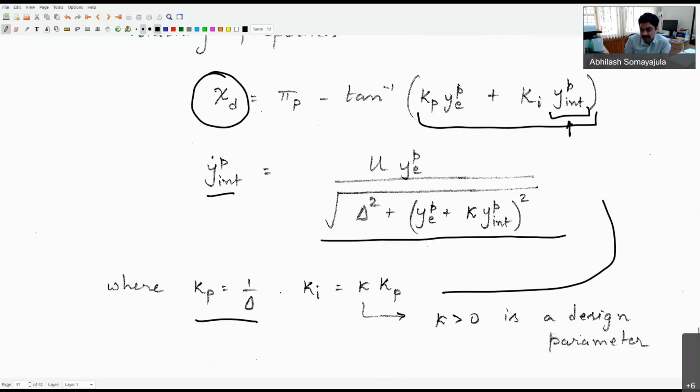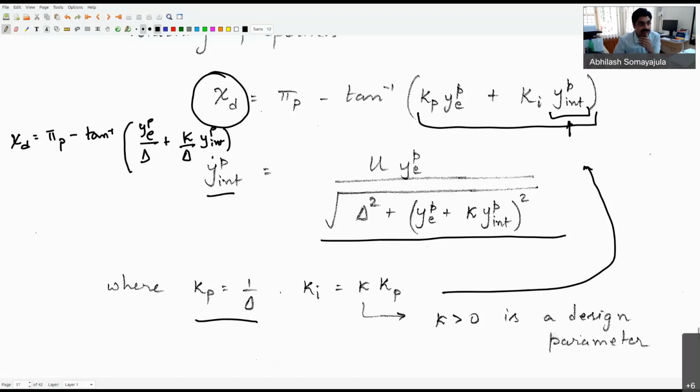So substituting these two into here, what do I get? Chi d will be equal to pi p minus tan inverse of ype by delta plus k times by delta times yp int. Yes? Everybody with me so far?